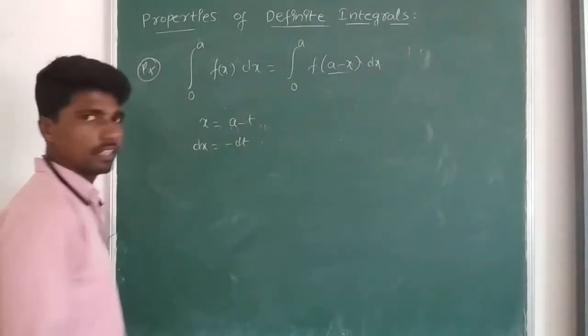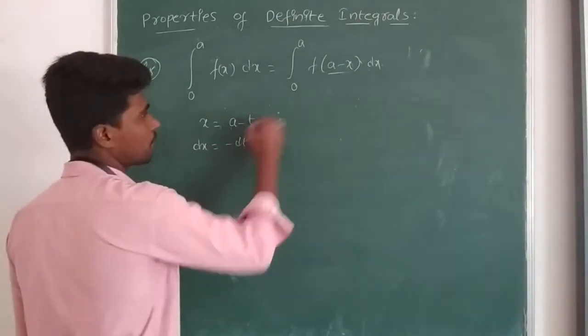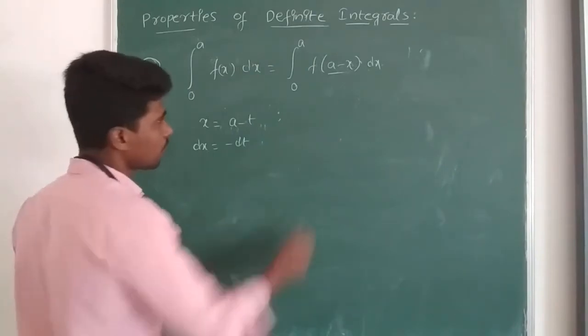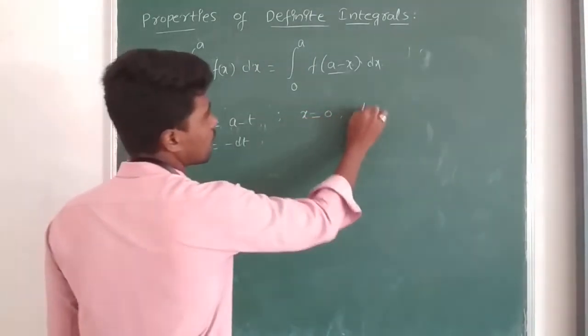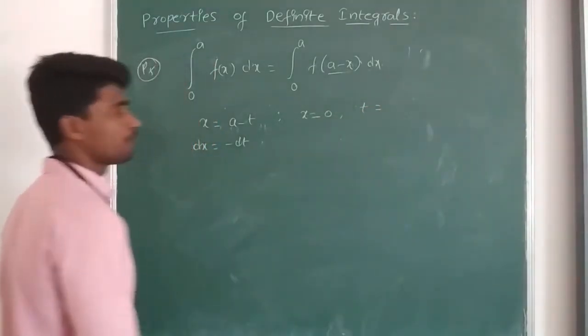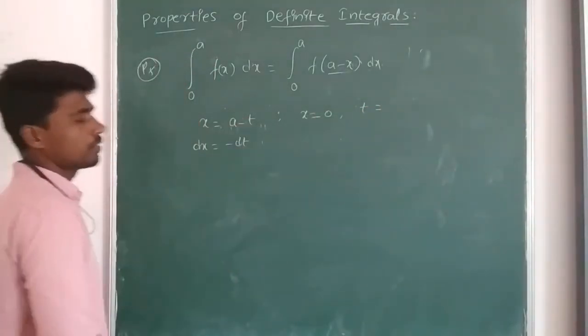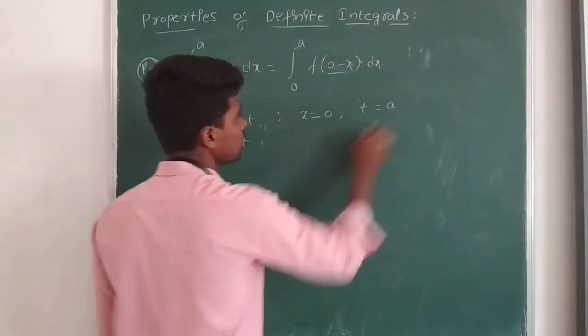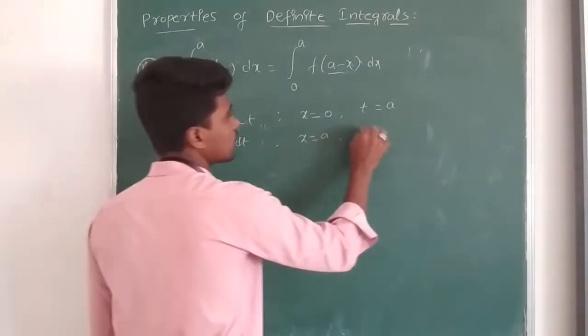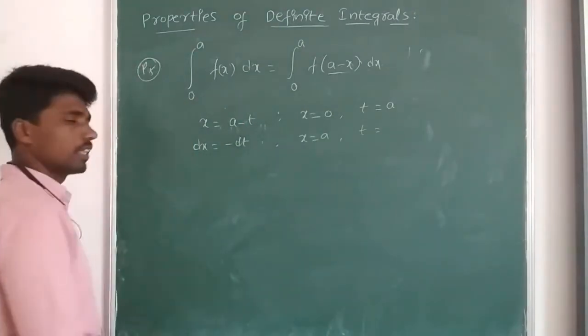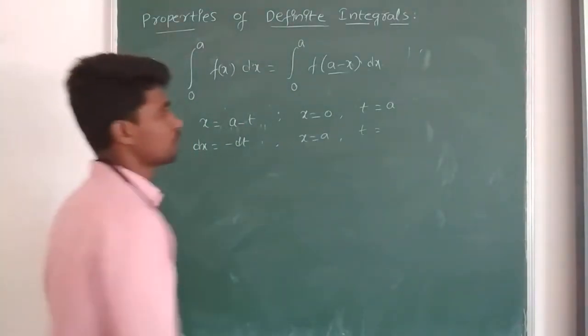Now I need the limits in terms of t, because I am converting the function in terms of t. Put x value as 0, then t will be equal to a minus 0, which is a. And put x value as a, t will be equal to a minus a, which is 0.